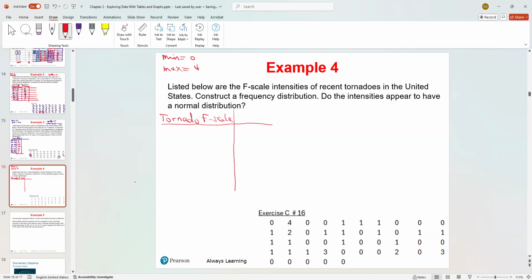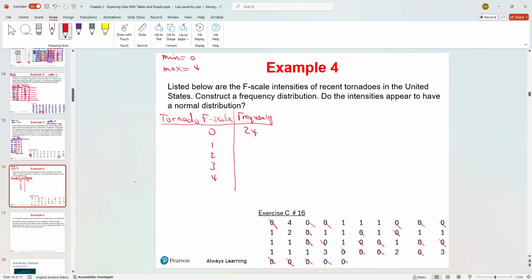F-scale, we're going to set the frequency. So we have 0, 1, 2, 3, and 4. All you need to do is identify the number of zeros you see here: 24.